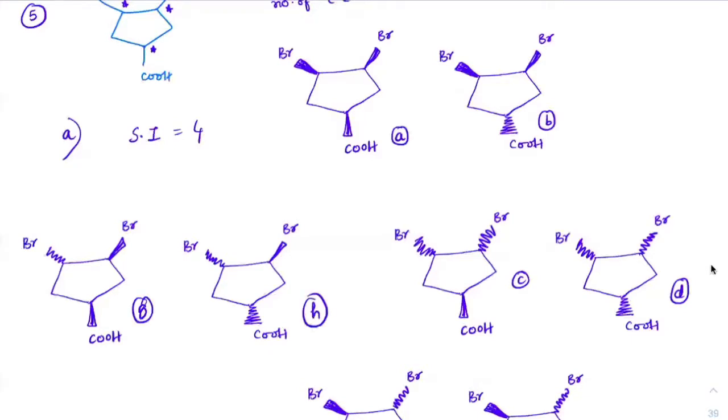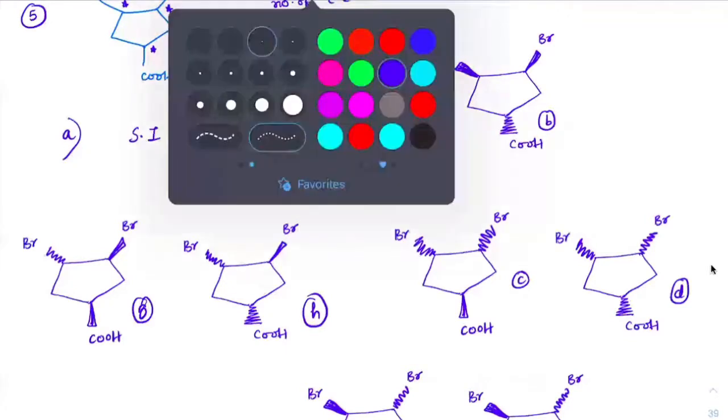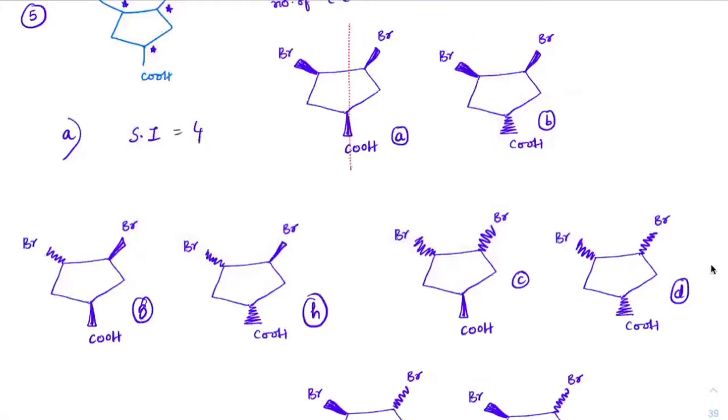Try to eliminate first. Can you see A and D are exactly same, right? Because they are meso forms. Yes, they're meso forms. So here there is a plane of symmetry. So they both will be meso forms. Next, let us see B and C also.